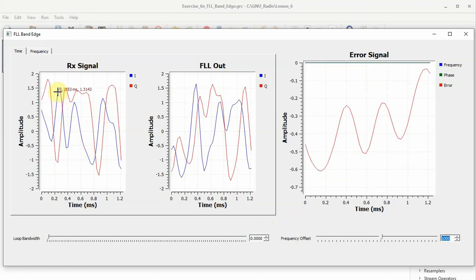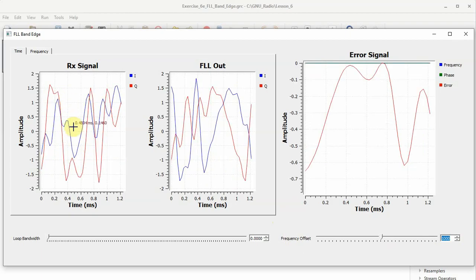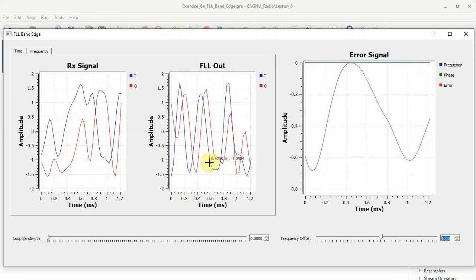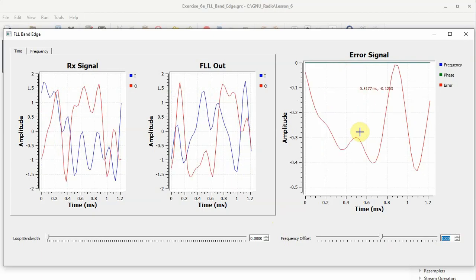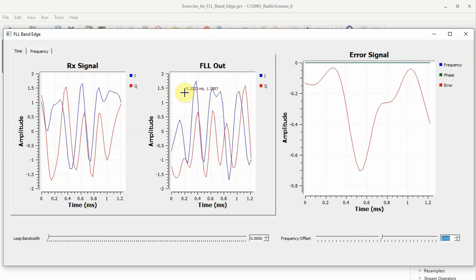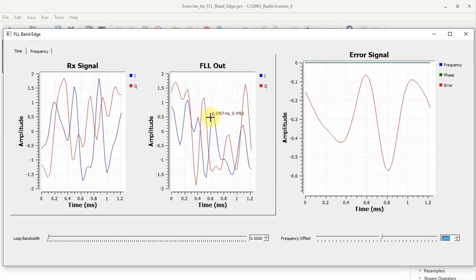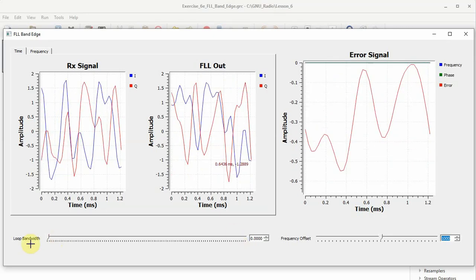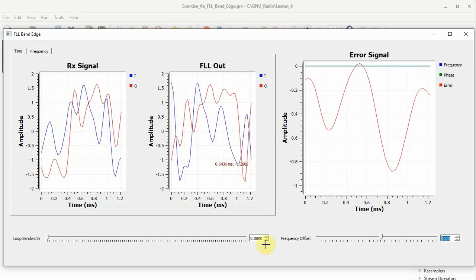And we can see that the received signal is distorted by a frequency offset, and the FLL has not been able to recover it. Neither is the error signal stable, nor is the FLL output approximately clean ones and zeros. This is because the default value of the loop bandwidth is 0.